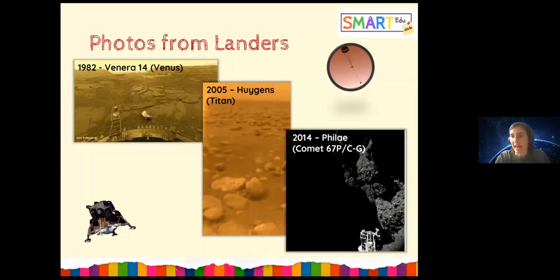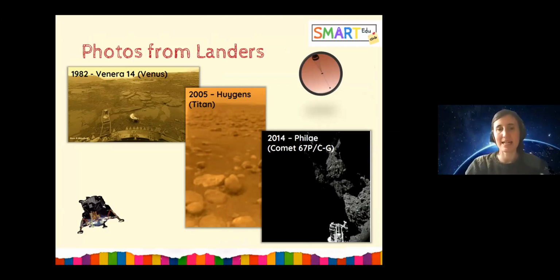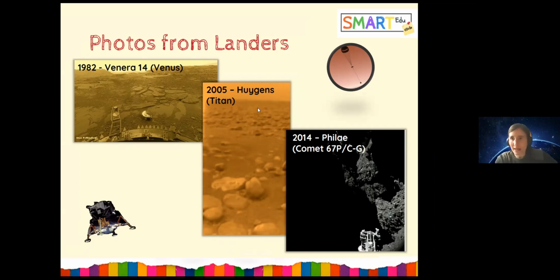Okay, I'm going to share again. Okay, we were talking about landing a robot somewhere beyond the Moon and Mars. We said that the Huygens mission landed on Titan, which is a Saturn moon. Then we have the Soviets, now the Russians.